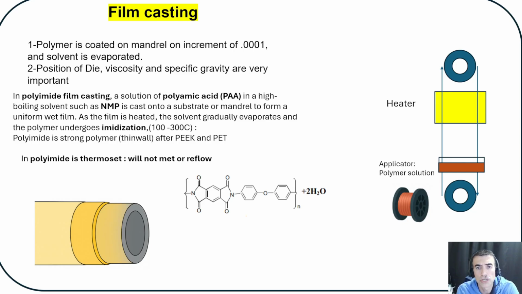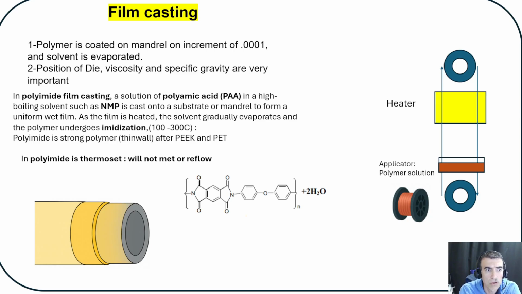The polymer is coated on the mandrel, and then it goes vertically through some heaters, and then through different cycles. Each cycle adds to the thickness of the polymer, and eventually you get to 1 tau or 2 tau thickness that you want to achieve.